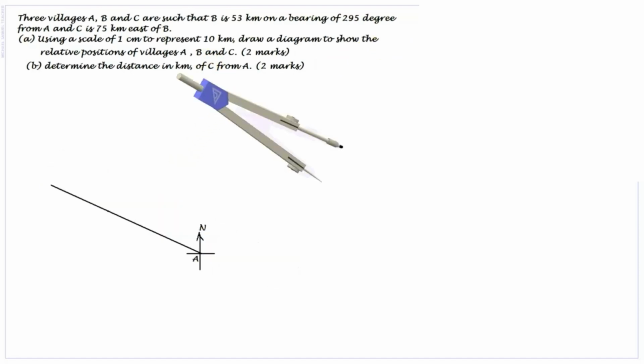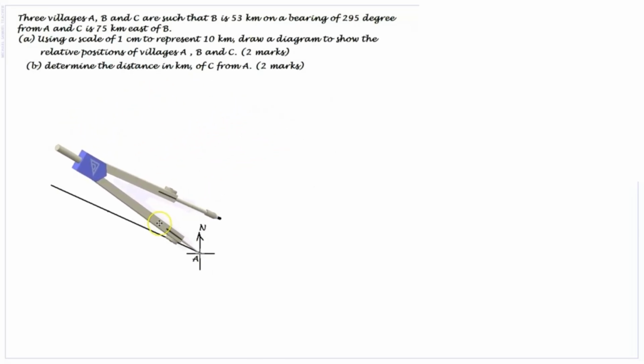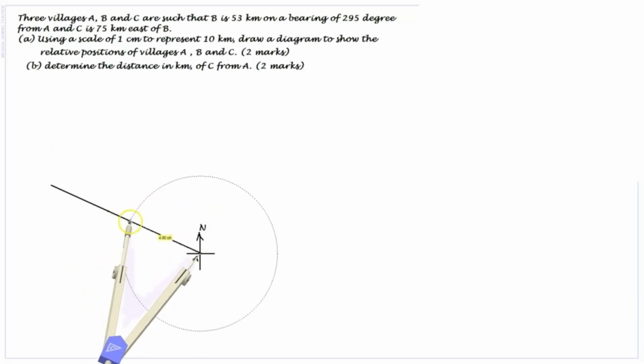So use our compass and measure 5.3 cm, and put that mark. From there now we have located point B.